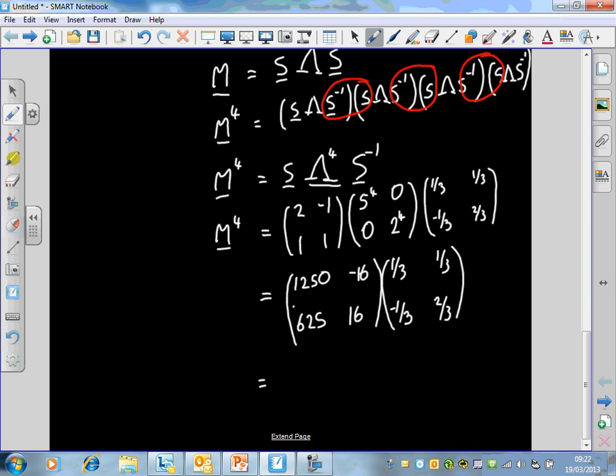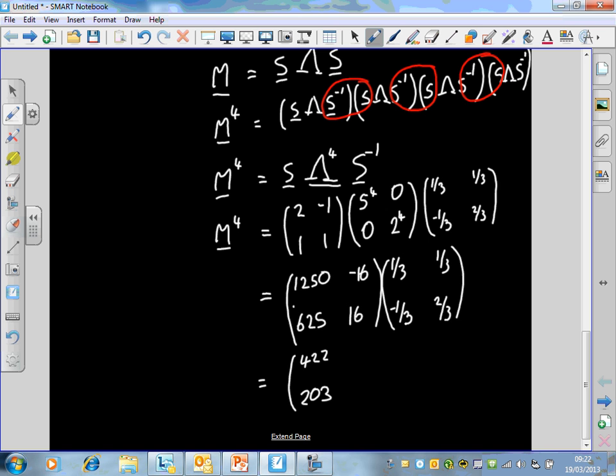And finally, a third of 1250 plus a third of 16, which is 422. Here we have a third of 625 minus a third of 16, so 625 minus 16 divided by 3 is 203.